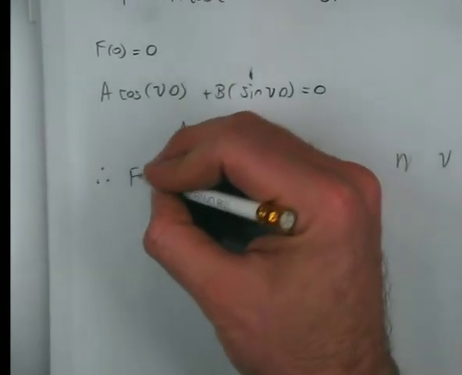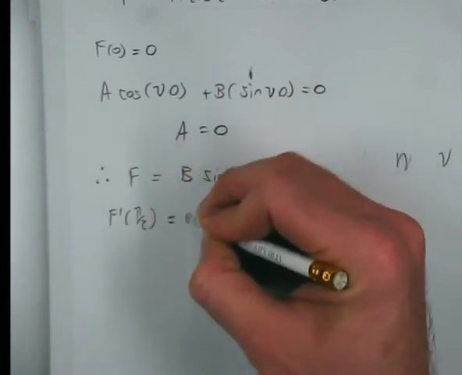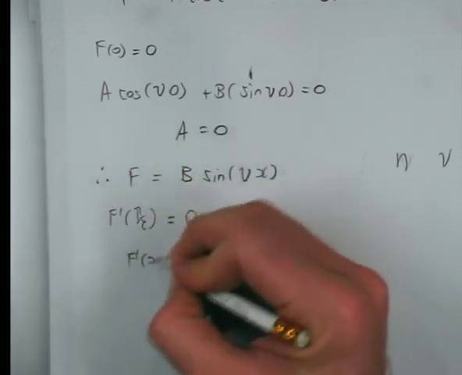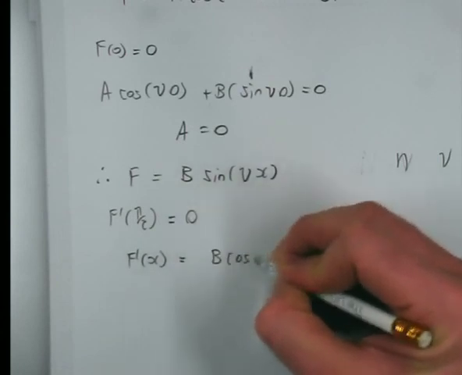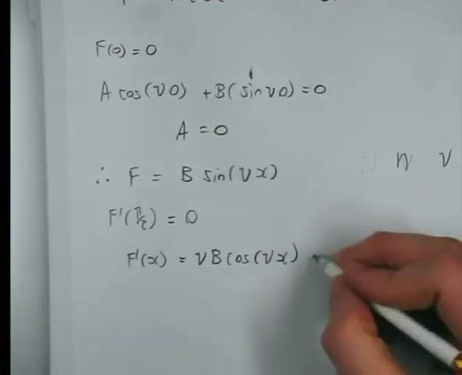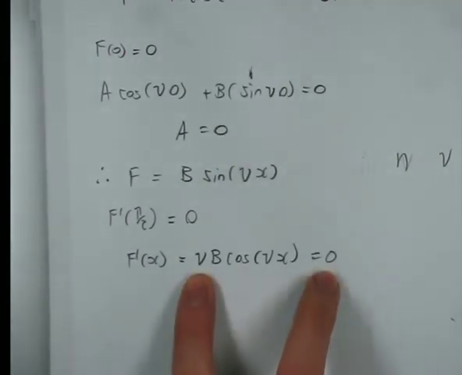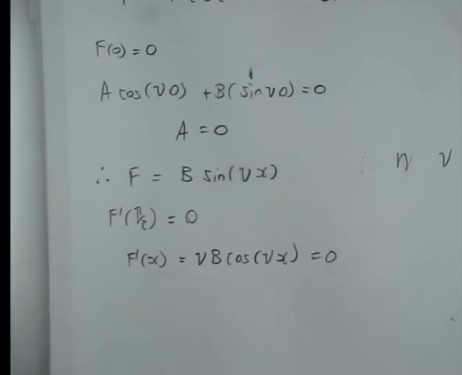So the next stage I had was that f dash of pi on 2 was also 0. So I need what f dash x is first, which is b cos nu x, but the nu will come out because it's a constant. And this is 0. Now, this has three possibilities. Either nu is 0, which isn't allowed because we know that k wasn't 0, or b is 0, and that would give me that the only solution is that f is identically equal to 0, and we've already covered that.